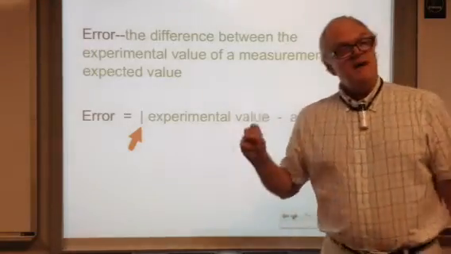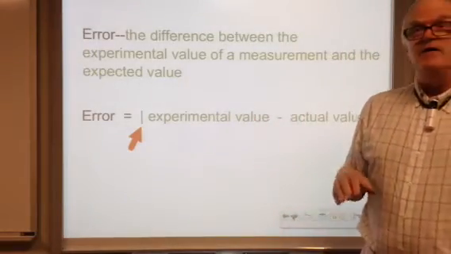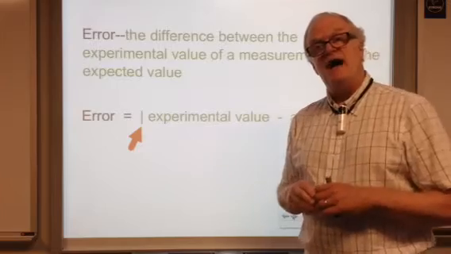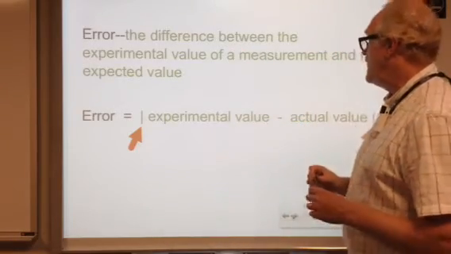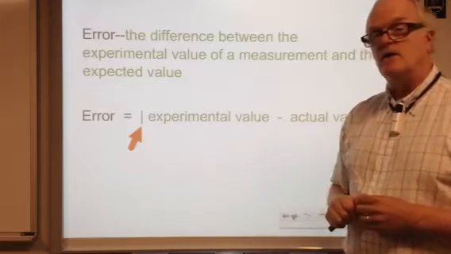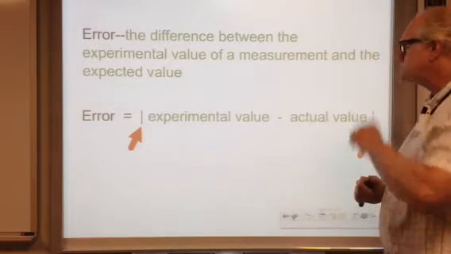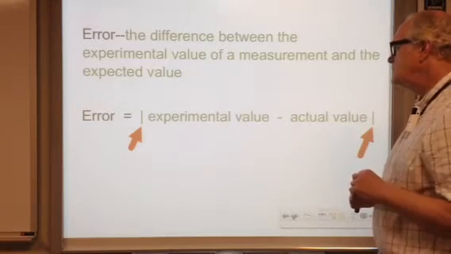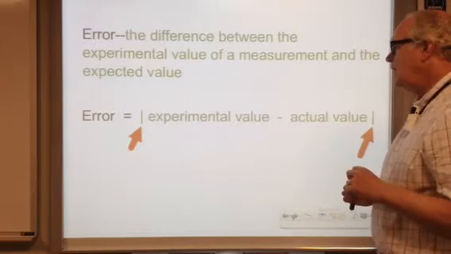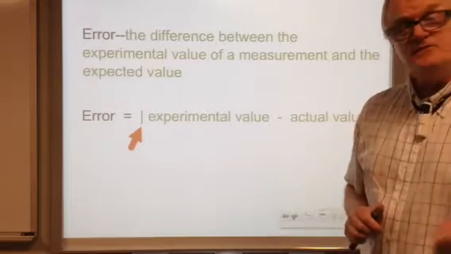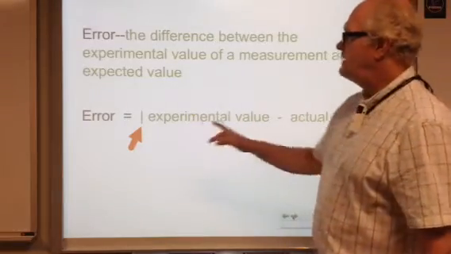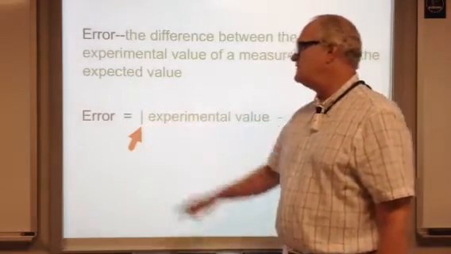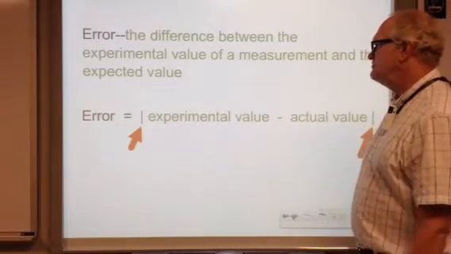All right, what if we had made our measurement and found that our experimental value was bigger than our accepted value or our actual value? And then when we did the subtraction, we would have gotten a negative number. Well, we can take care of that by putting these little lines in the formula. And these lines denote absolute value.